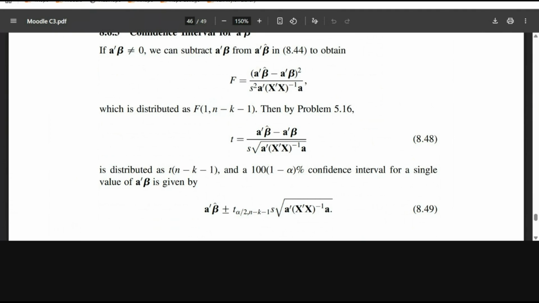Anyway, to get back to the point, this thing is what's going to help us to construct tests, to get a test statistic T, and to construct a confidence interval. So I want you to stare at 8.48, 8.49 a little bit. Do you see the structure is actually nothing to be alarmed about? If you want to test the null hypothesis that this thing is some number, then use this test statistic.